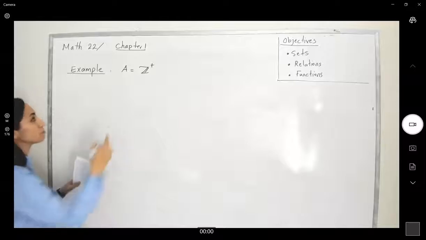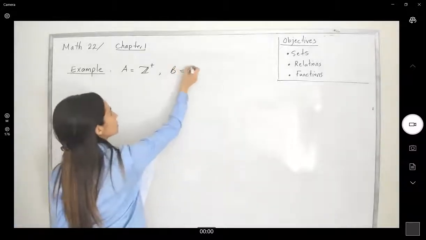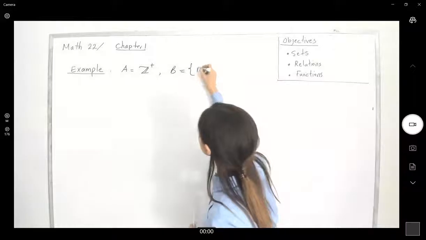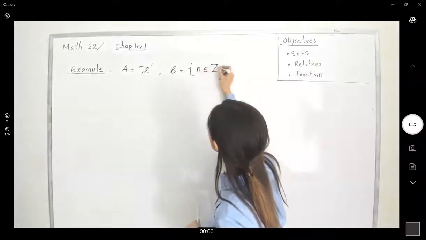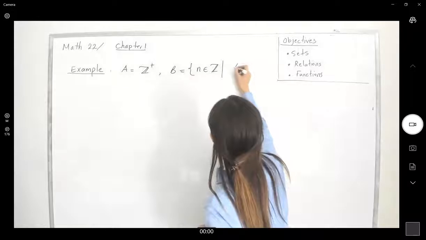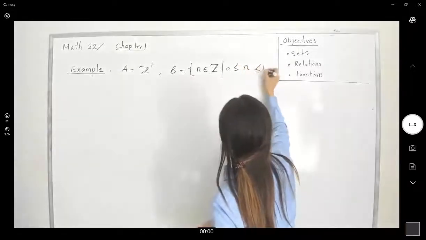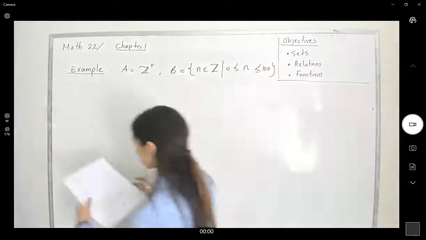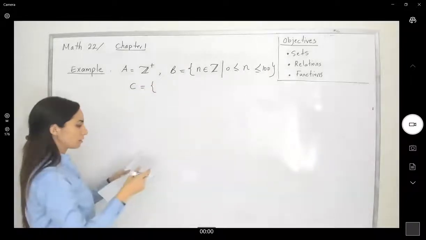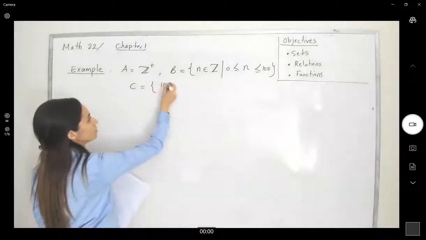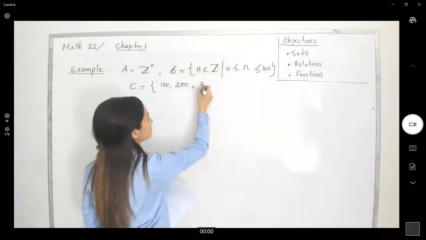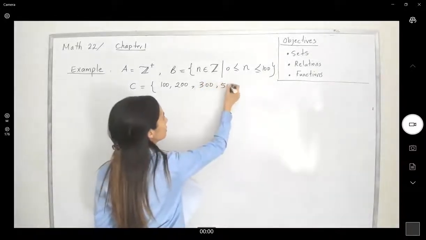And suppose B is the set of all integers, so n belongs to Z, such that n is sandwiched between 0 and 100. And suppose C is given as the set including 100, 200, 400, 300, and 500.